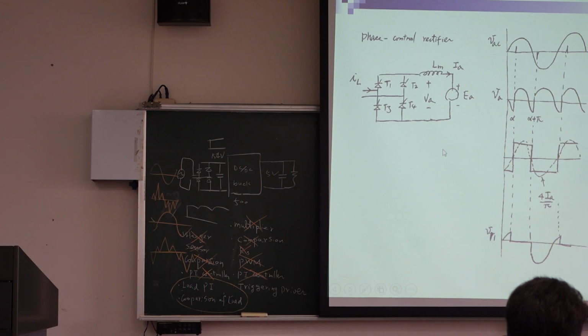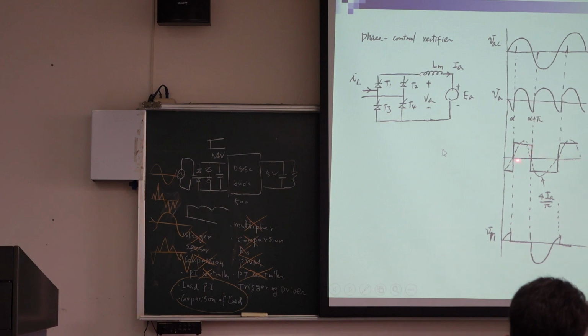It is delayed 30 degrees. So this is positive current, this is negative current. Then we can use Fourier series to find that the fundamental is like this, right? And the voltage is like this.